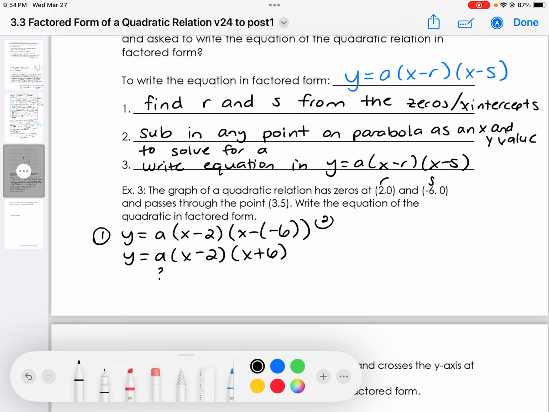Step 2, I'm going to sub in the point given, which is 3, 5, to solve for A. And X is going to be 3, Y is going to be 5.